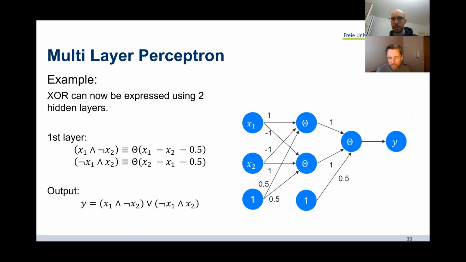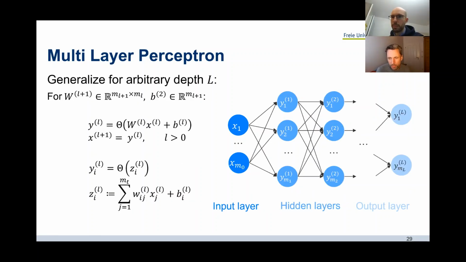Well, it's basically a vector, which is the input, times a matrix, and then push this through your Heaviside step function. Exactly. And then you have another vector. It may have a different dimensionality than your X hat. But then you multiply this again with a matrix and put this through the nonlinearity again.